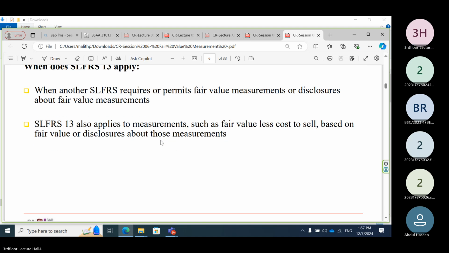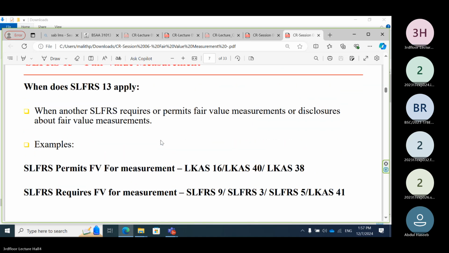As I said, we have a set of standards on fair value measurement. Under SLFRS, 16 PP&E, 40 investment property, and 38 intangible assets permit it.